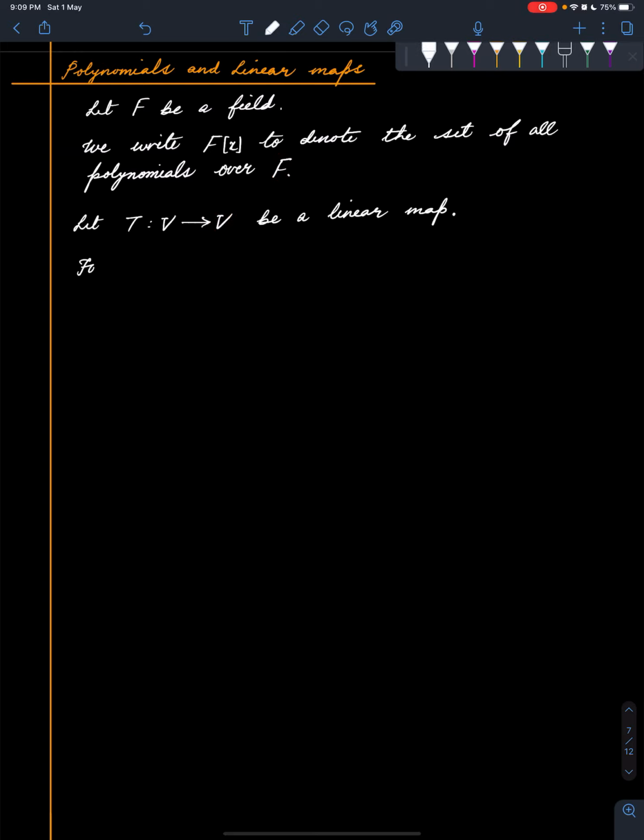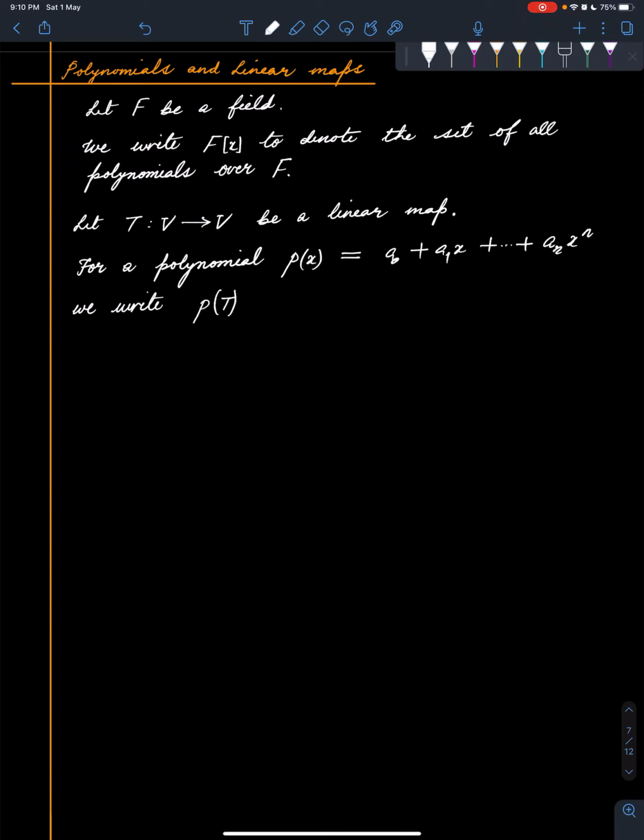Now for a polynomial p(x) equals a0 plus a1x plus dot dot dot an x to the n, just some polynomial over F, we write p(T) to mean the linear endomorphism a0 plus a1T plus dot dot dot an T to the n.